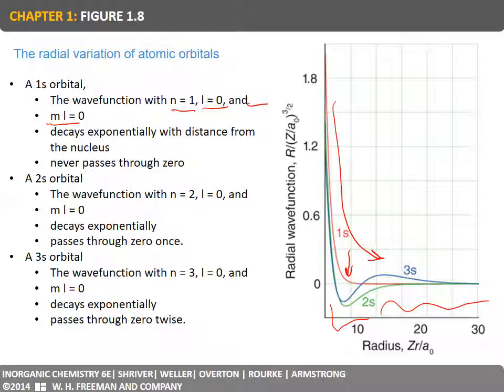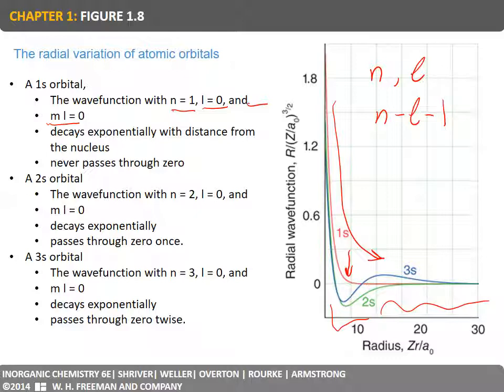Now, if we want to express this mathematically, the relationship is as follows. So let's say we have an orbital with quantum number n and of course l, right? So the number of nodes would be n minus l minus 1.